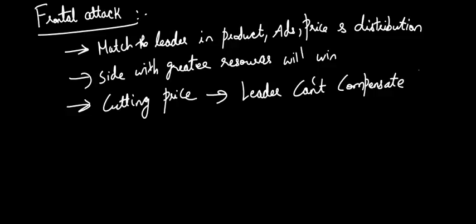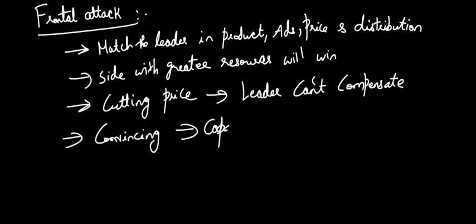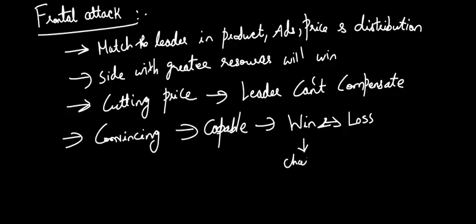Now in this case, the competitor convinces the market. If convincing is capably done, then win. Win for challenger and a loss for the market leader happens in this particular scenario.